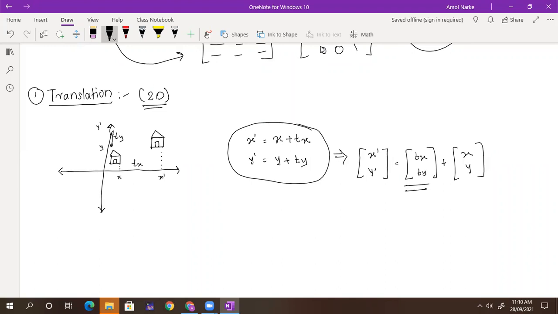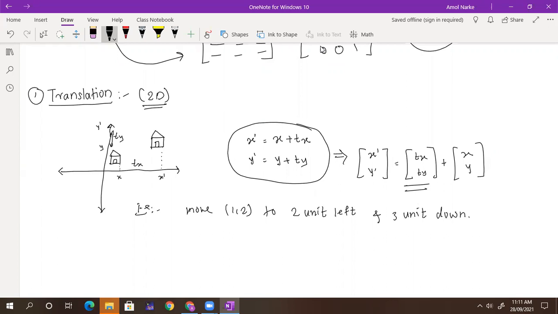So finding new coordinates, what kind of example do you have? For example, move the point (1, 2) 2 units left and 3 units down.